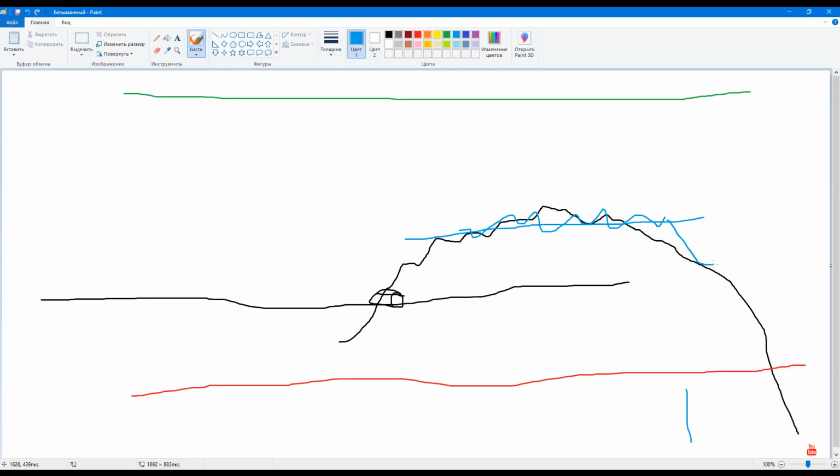You look for this, and in the end we have some red day.